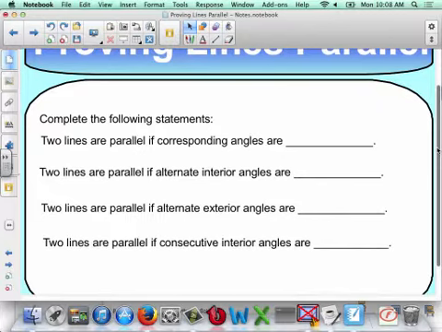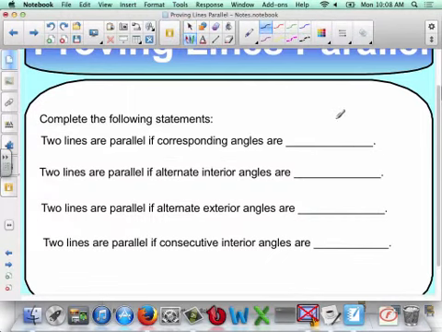So, Christina. Two lines are parallel if the corresponding angles are congruent, yes. Lucas, two lines are parallel if the alternate interior angles are congruent.